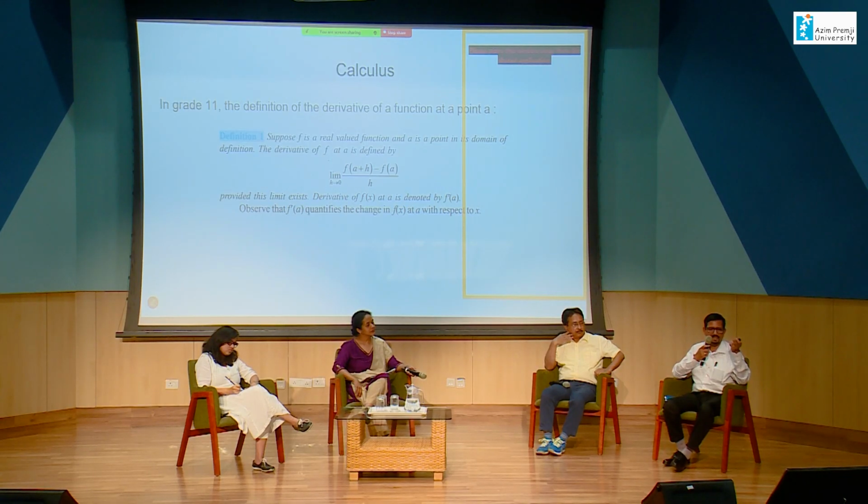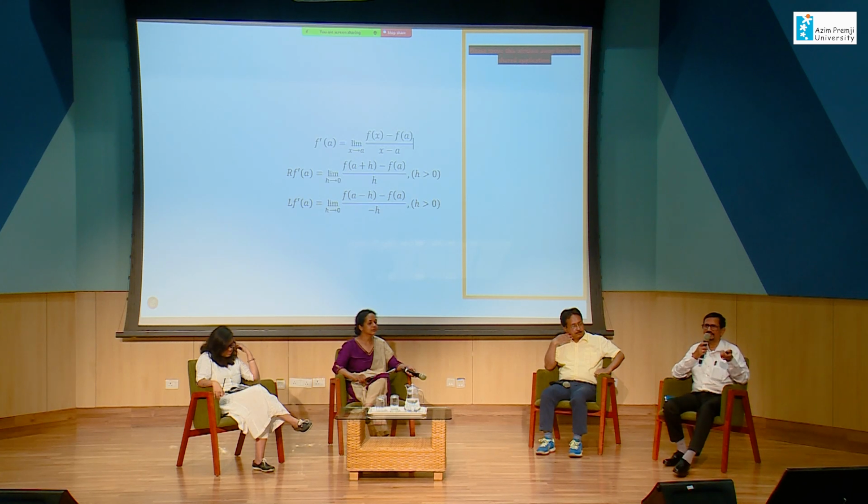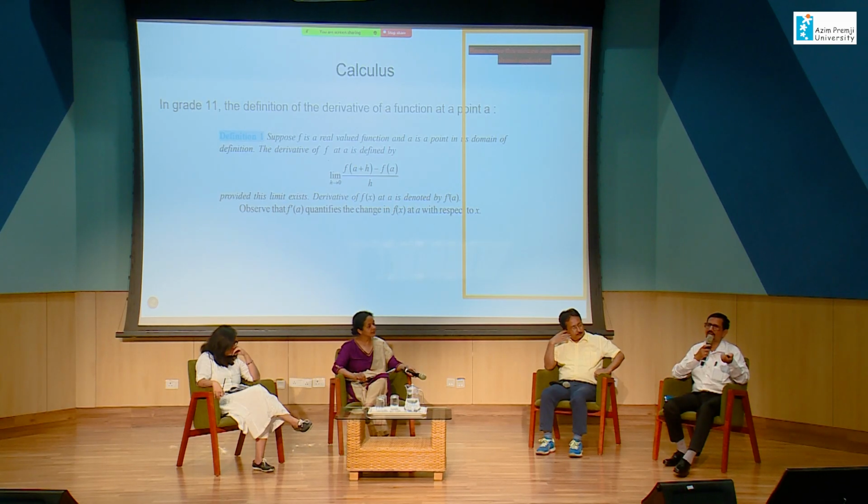It simply says that h approaches 0. I'm not saying that the textbook is wrong. What I'm saying is that one should interpret the fact that h can approach 0 from either side, and therefore even in grade 11, we are talking about both-sided derivatives, not just right-hand derivative. So that was the reason I thought of bringing it here. When I say h approaches 0, we have to say that h approaches 0 from either side.